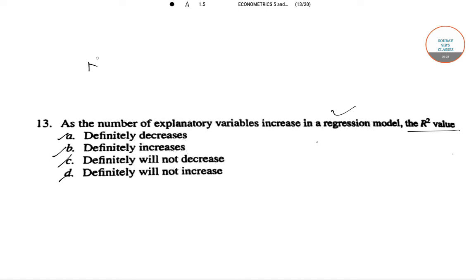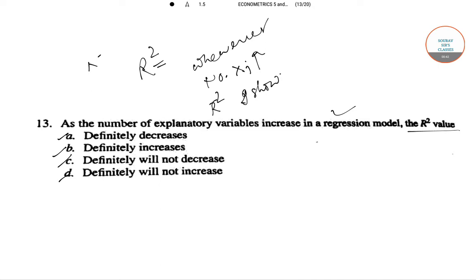Now the problem with R square is that whenever the number of explanatory variables, or the number of xi, increases, the R square, which shows the goodness of fit, increases.